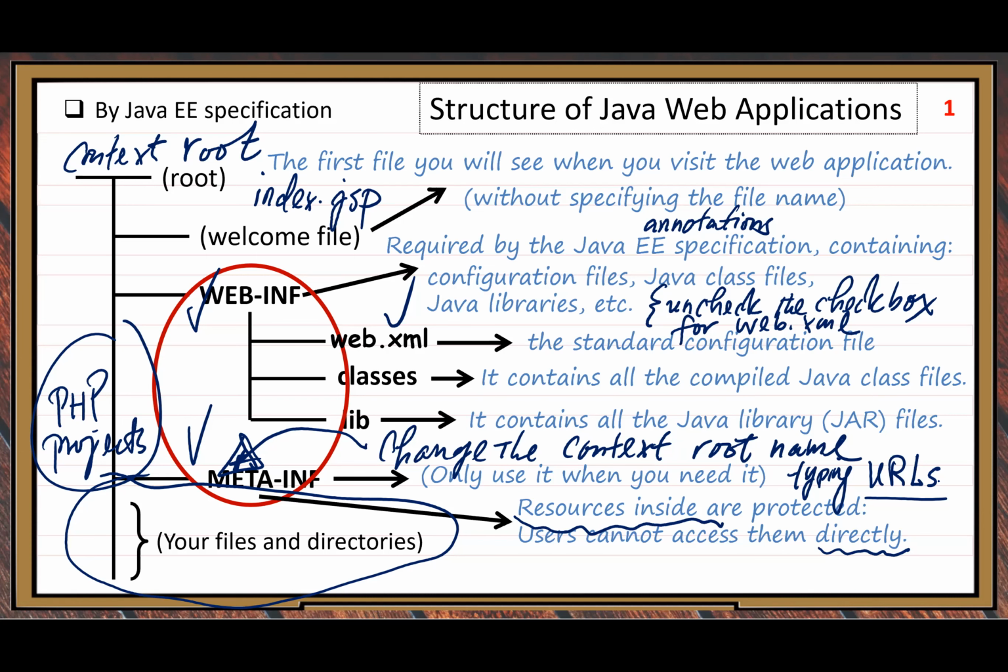Then if users pass the authentication and authorization check, you give them permission, and they can access the files inside the protected folders. So that's one main property of these two folders.